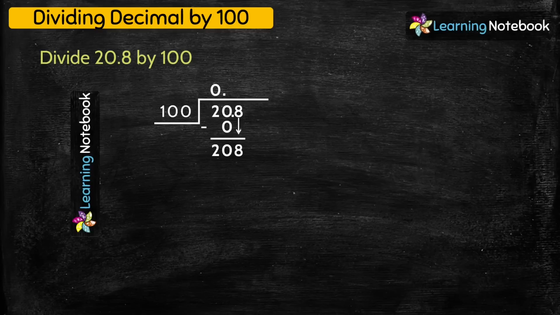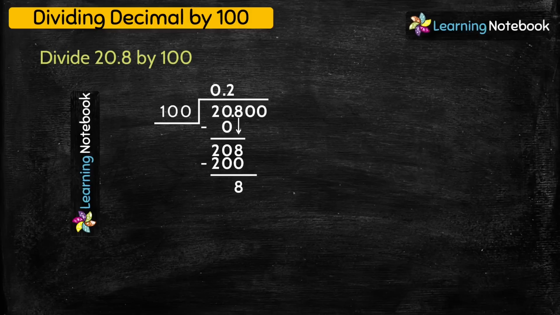Copy next digit 8. So 100 into 2 equals 200, and 208 minus 200 equals 8. Now students, remainder is 8. So we can continue with the division by inserting 0.